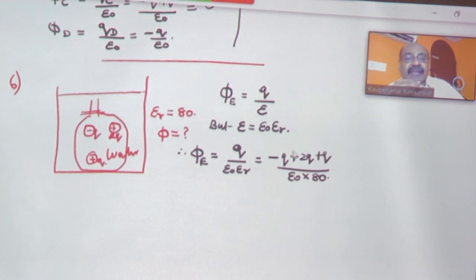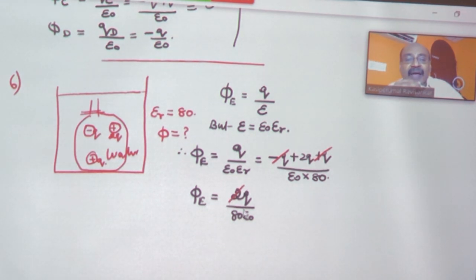Now you see this minus Q and plus Q get cancelled. So you get 2Q alone. So phi E, the electrical flux, is equal to 2Q divided by 80 epsilon. Again, you can simplify.